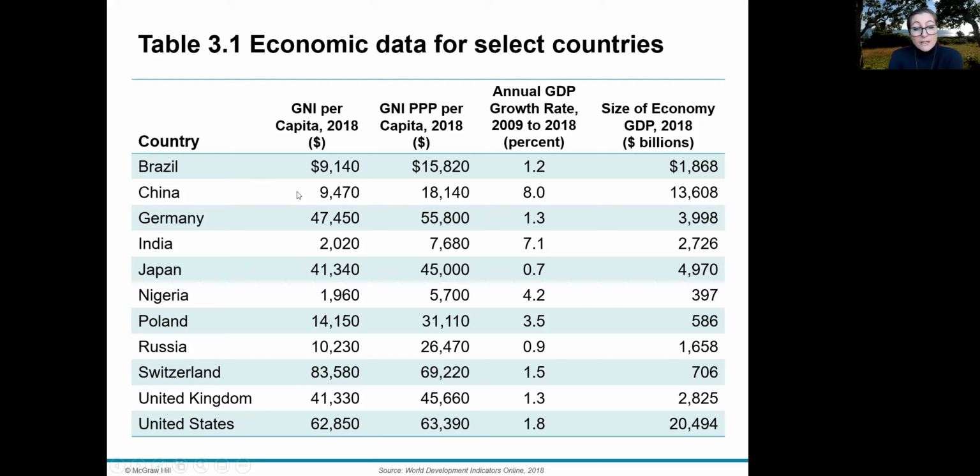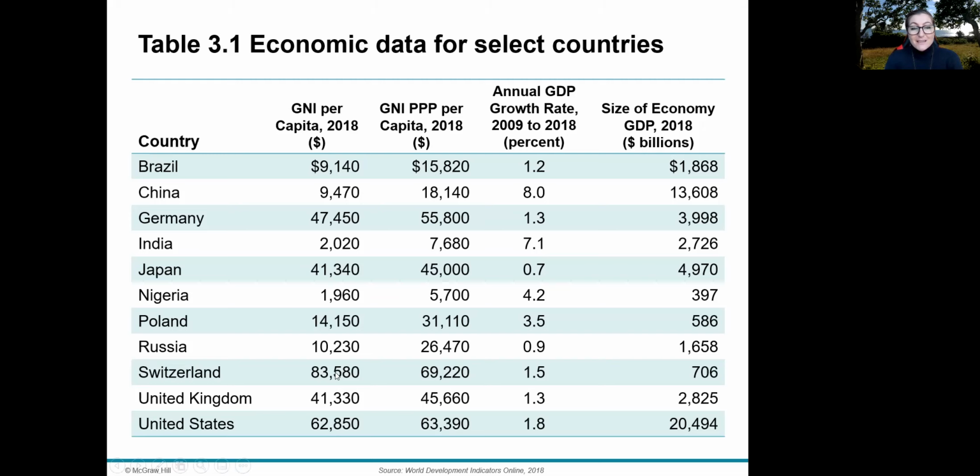Now, what's really interesting is that when we adjust the GNI to take into account the cost of living, and we're talking about the PPP measure now, you'll see that that measure increases from $62,000 to $63,000 per capita in the United States.